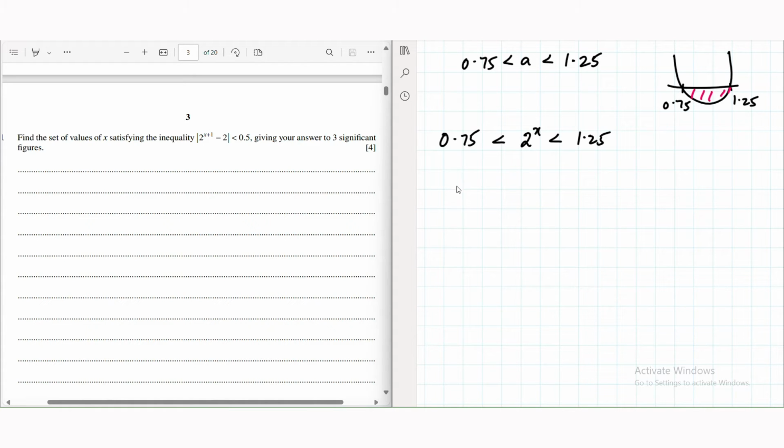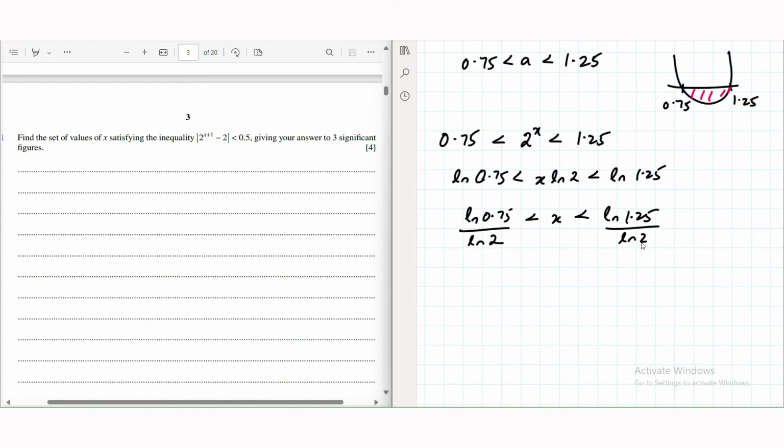So when we take ln on all sides, ln of 0.75 less than x ln 2 less than ln of 1.25. And then we divide by ln 2 on all sides: ln 0.75 divided by ln 2 less than x less than ln 1.25 divided by ln 2.